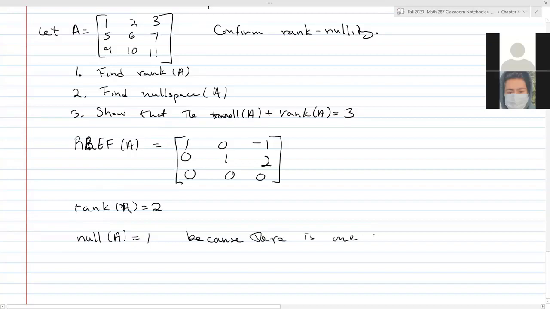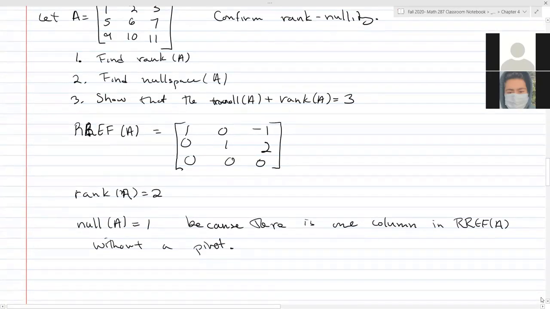Now, I know actually that the nullity of A is going to equal 1 because there is one column in REF of A without a pivot, right? That's going to be the free variable. But what I want to do is actually write out what the null space of A is.